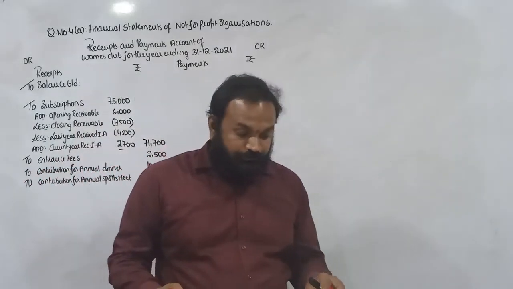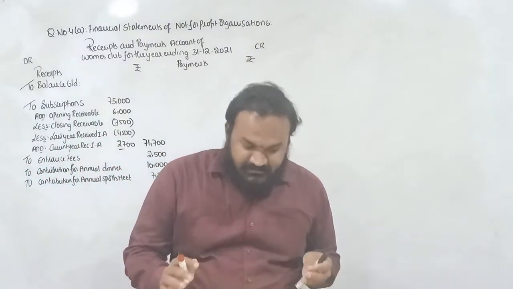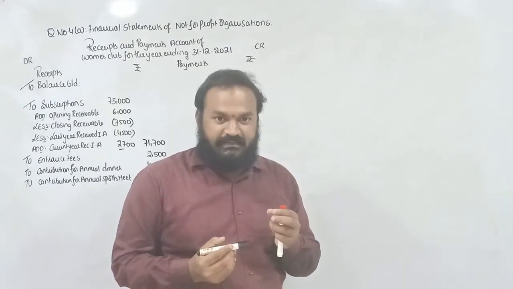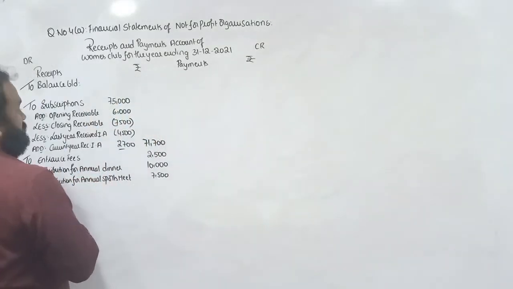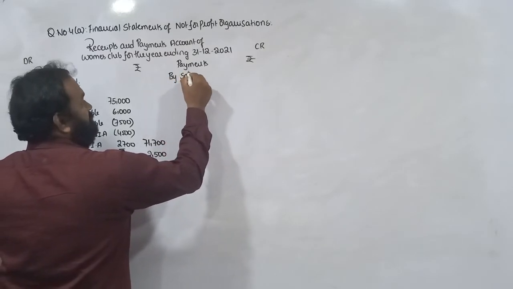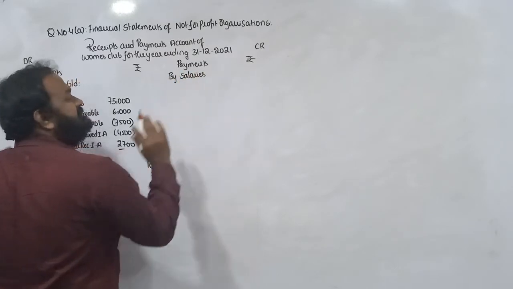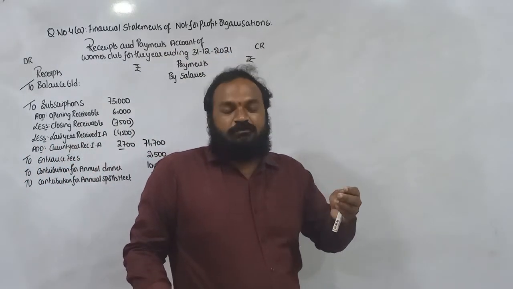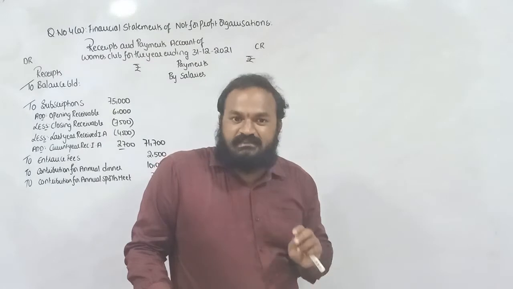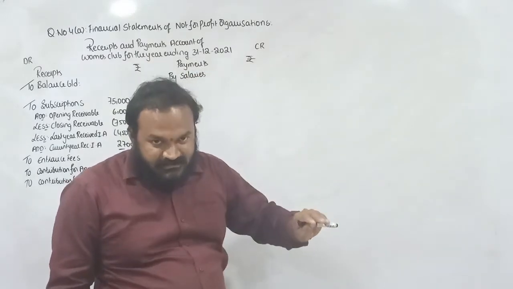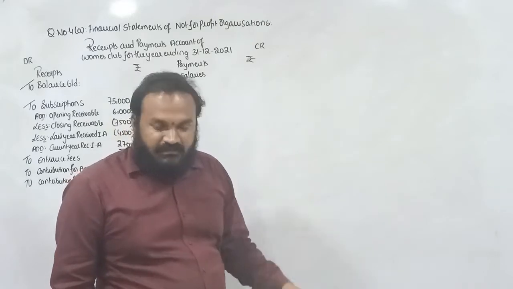Now to fill payment side, boys and girls, you have to search for expenditure side items first. First item is by salaries. Receipts and payments account నుంచి ఇన్కమ్ అండ్ ఎక్స్పెండిచర్ అకౌంట్ వెళ్ళేటప్పుడు కరెంట్ ఇయర్ అవుట్ స్టాండింగ్ యాడ్ చేసి లాస్ట్ ఇయర్ అవుట్ స్టాండింగ్ లెస్ చేస్తాం. రివర్స్ వస్తున్నాం కాబట్టి కరెంట్ ఇయర్ లెస్ చేసి లాస్ట్ ఇయర్ యాడ్ చేయాలి. ఓకేనా?